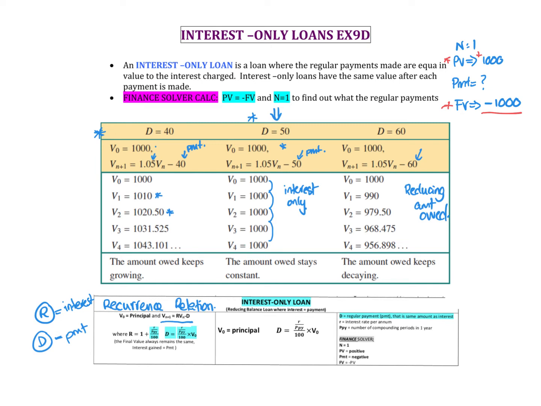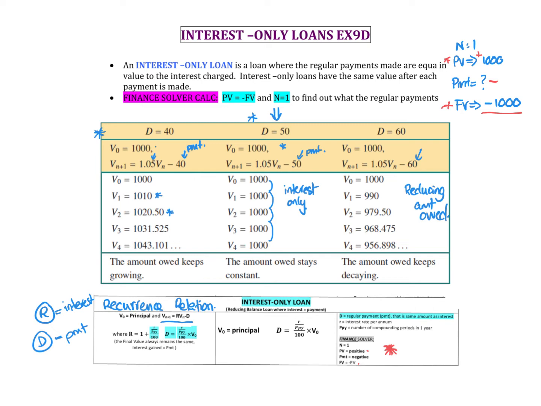That's mentioned down here on your summary sheet. It says PV positive, and the FV is the negative of the PV. Your payment will be a negative number because you're going to pay the bank back that amount to keep paying back the interest amount.